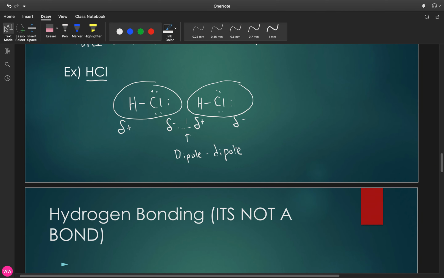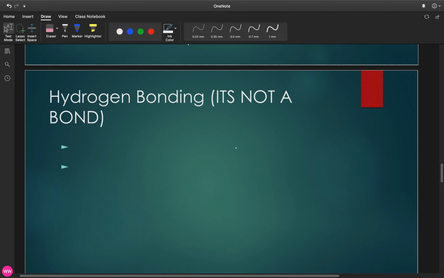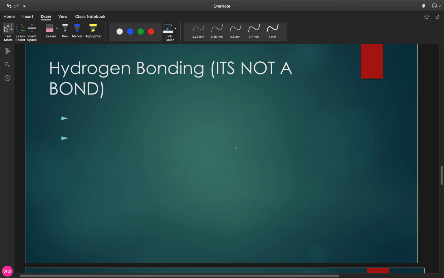Now, a really specific type of dipole-dipole force is actually called a hydrogen bond. The first and most important thing to note is that a hydrogen bond, or hydrogen bonding, is not a chemical bond.